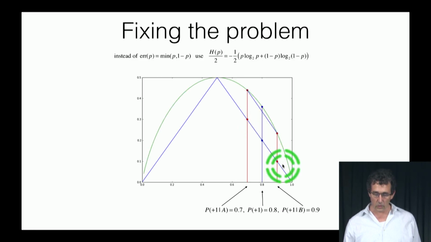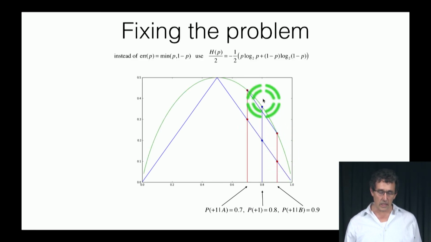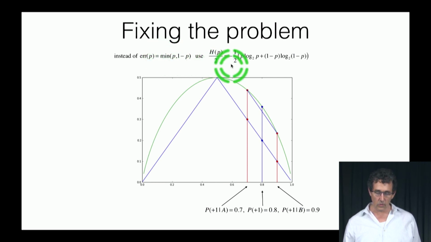And that's where we use something like the entropy. Entropy is this function that upper bounds the training error and is strictly convex. Basically, the line that connects any two points along the curve is strictly below the curve.